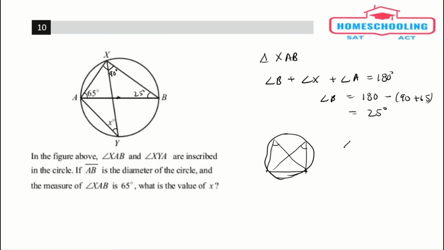So if angle B is 25 degree, then angle X would also be 25 degree, because AX is the common chord. So the value of x would be 25 degrees. So this is going to be your answer.